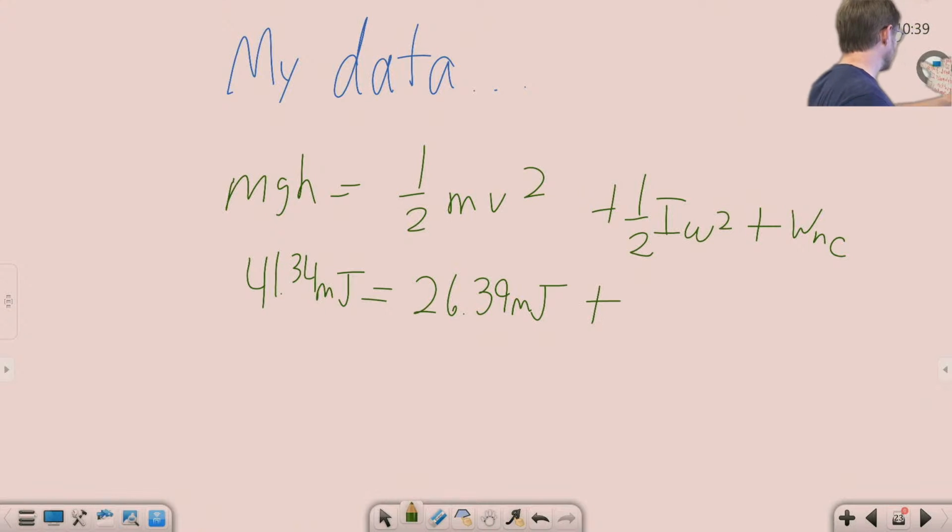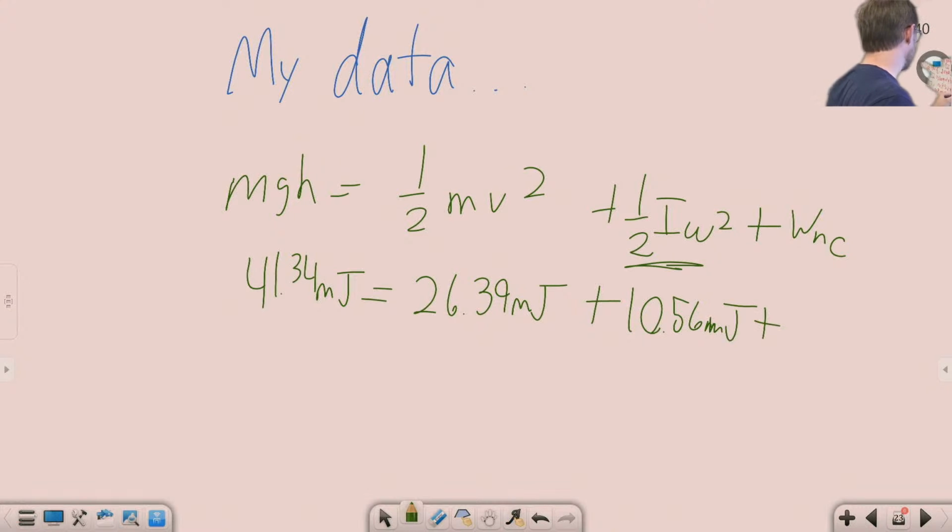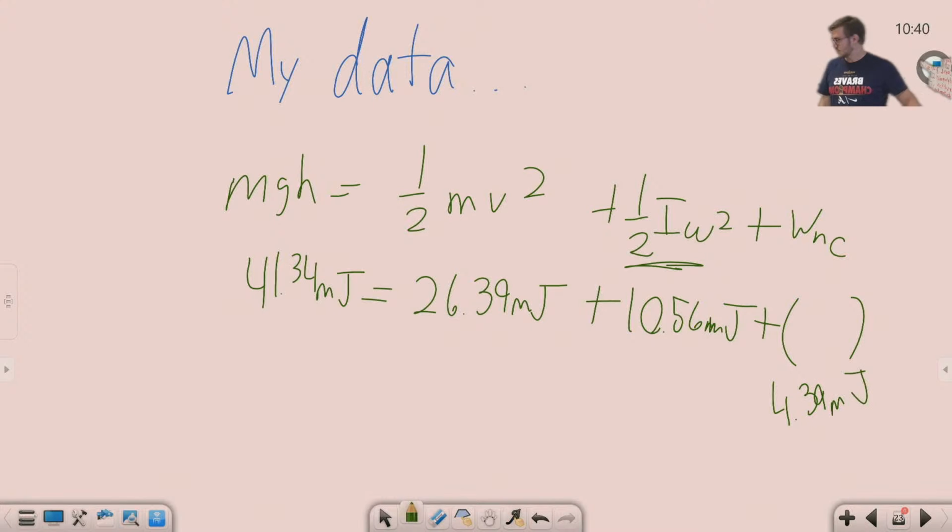And then I calculated using this equation, same thing as what I instructed on yesterday, and I got 10.56 millijoules, it's not milliliters, millijoules. And then the non-conservative work I just found was the missing piece each time. And so I got 4.39 millijoules. It's the work done by the non-conservative force.